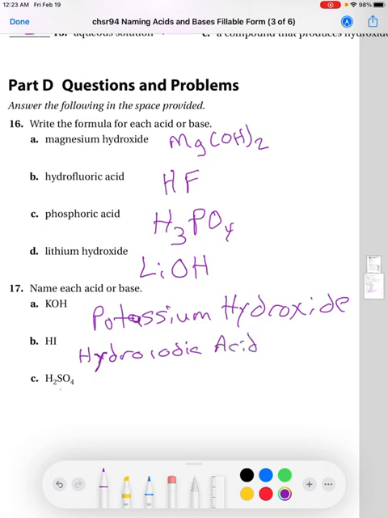And finally, this is the sulfate anion, SO4 2-. So this H2SO4 becomes the -ic acid of the -ate salt. So sulfuric acid, H2SO4. That concludes our discussion.